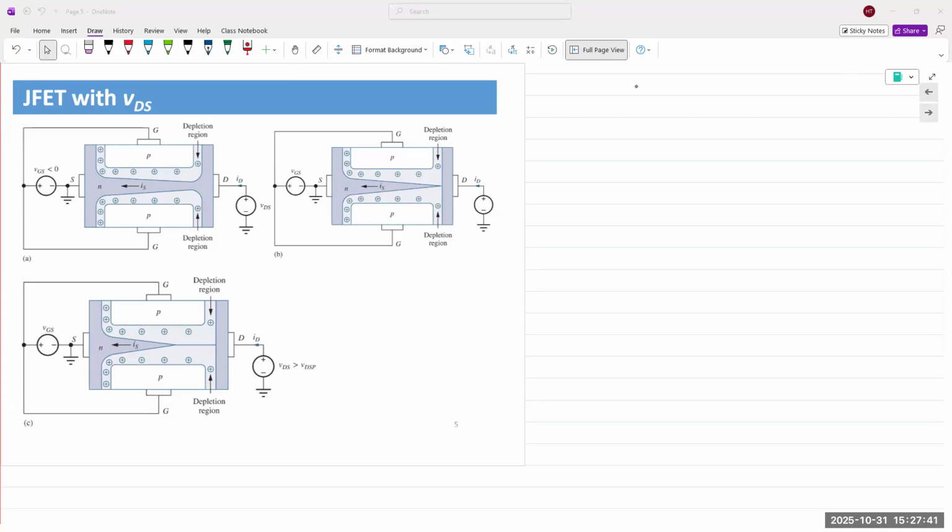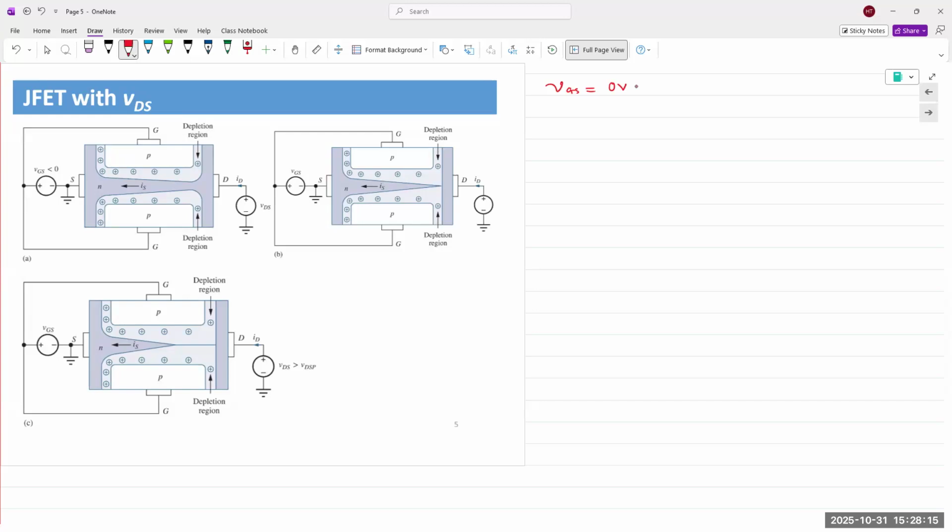So let's say VGS is equal to 0 volts. We are not applying any voltage at the gate and the source. So the channel that exists at the factory is the channel that we have. We are not closing it or reducing it by any means whatsoever. If VGS is 0, the channel is wide open, and we apply an electric field between the drain and the source, what will happen? The charge carriers in there will drift in response to that applied electric field, hence field effect transistor.